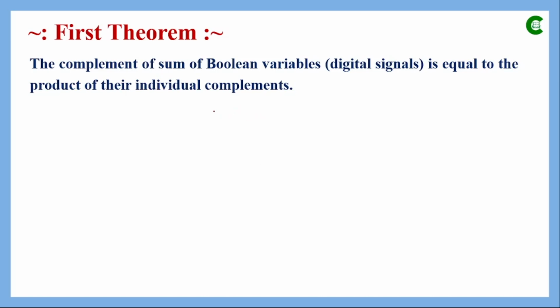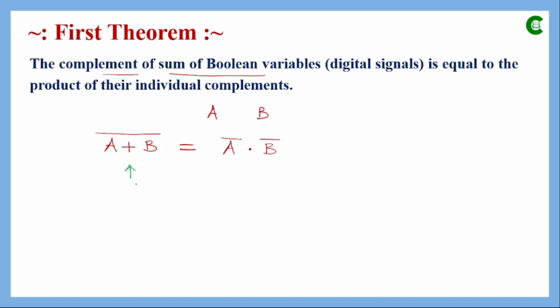That means if we have two Boolean variables A and B, first we take the sum of these two variables, then we take the complement of that, and that is equal to the product of their individual complements, A bar and B bar.